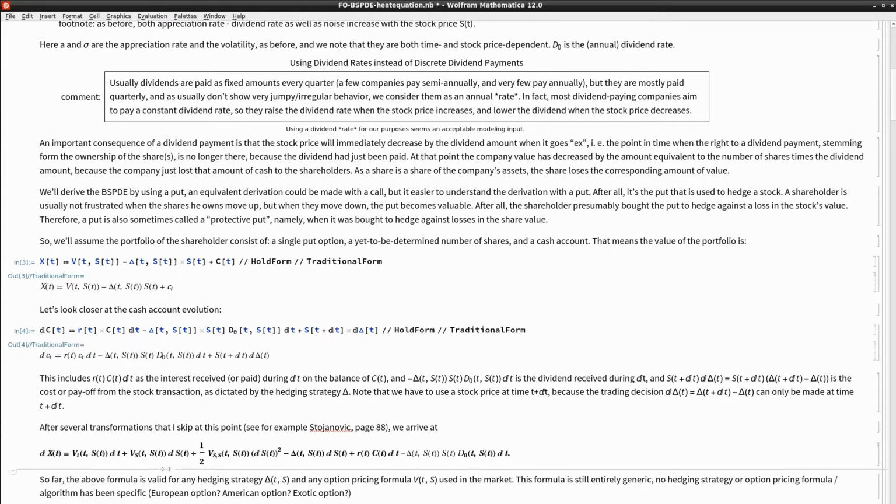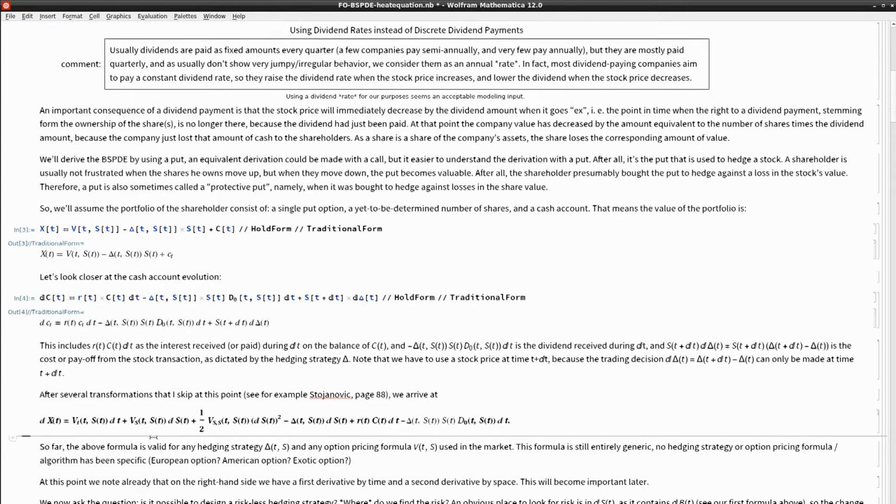The cash amount deposited with the brokerage. So it's the time change in our financial derivative plus several other terms. Note that we have a second derivative by stock price here for the financial derivatives, and a few other terms.